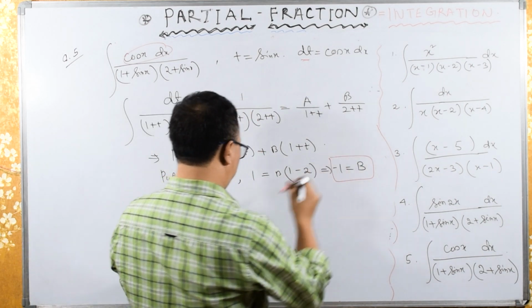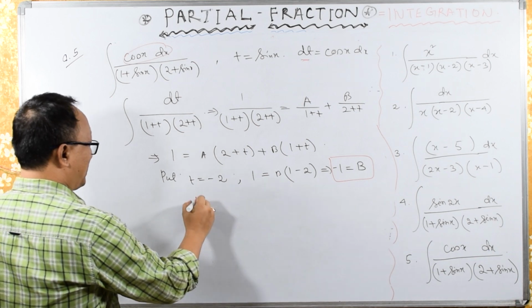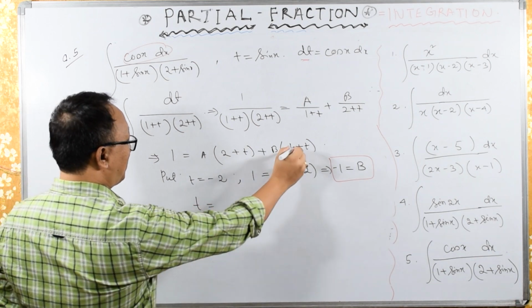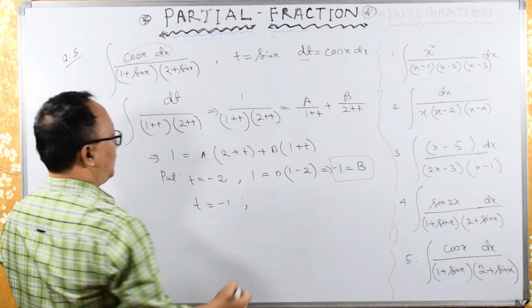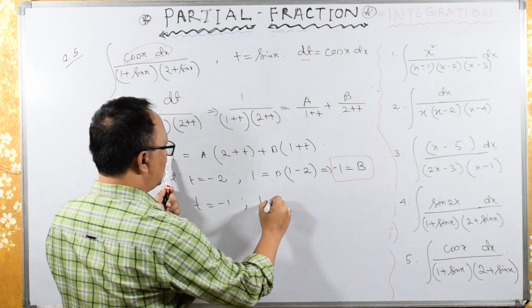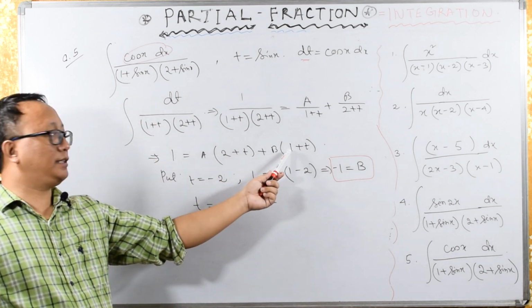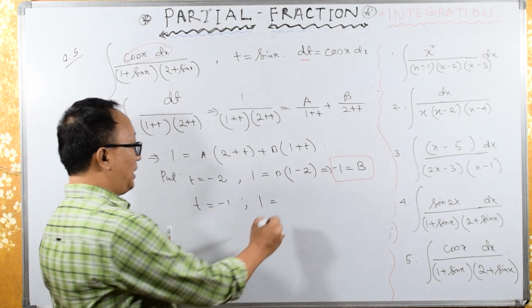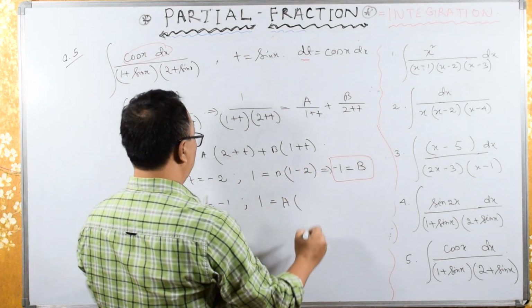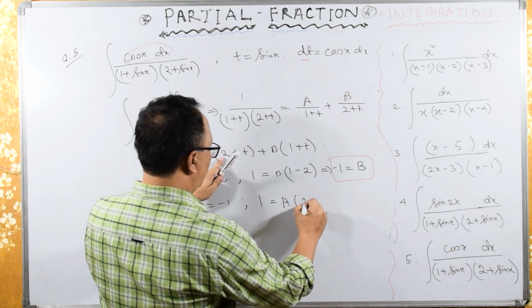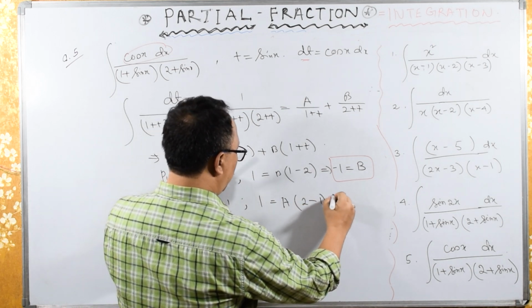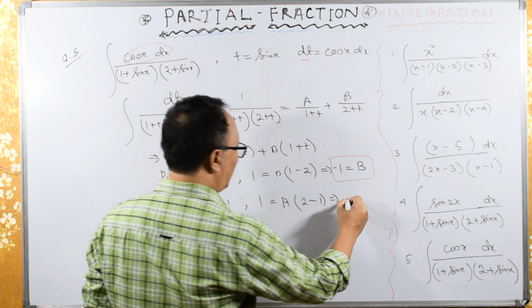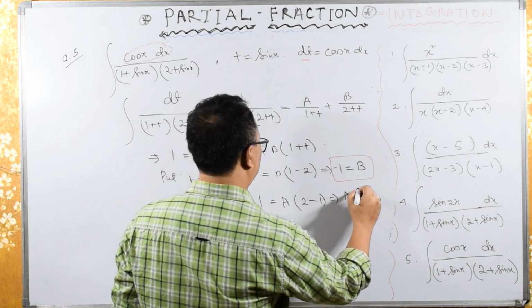Now if I substitute t equals minus 1, on the left hand side we have 1 equals, this term will get 0, and I will be getting the value of a. Here a into 2 minus 1, and 2 minus 1 is 1. Therefore a equals 1.